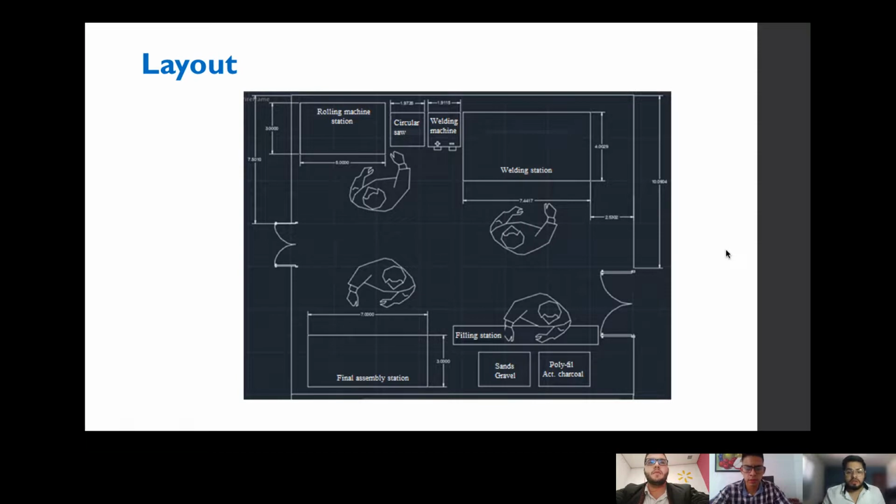And the third station, we have 2 tools, sand, gravel and polyfill, cubic cardboard. In this filling station, we have an emergency door or exit door. And the last one, final assembly station, where we have another exit door right here.